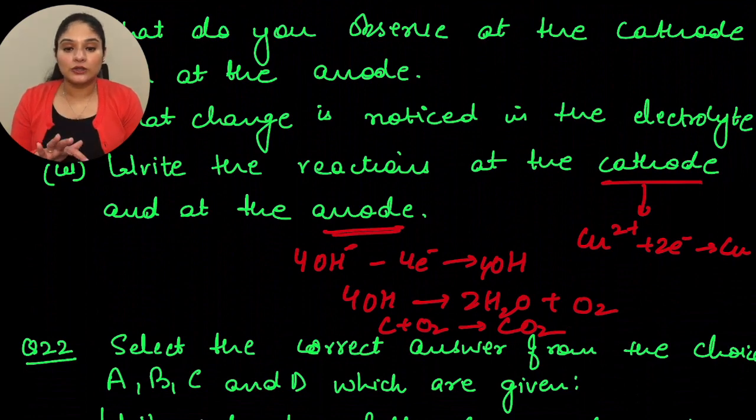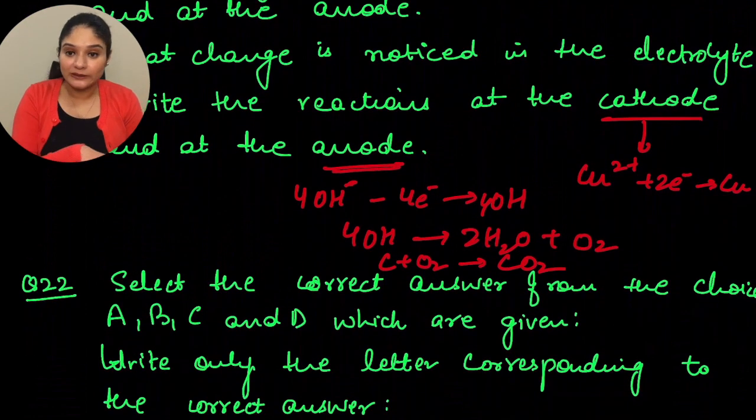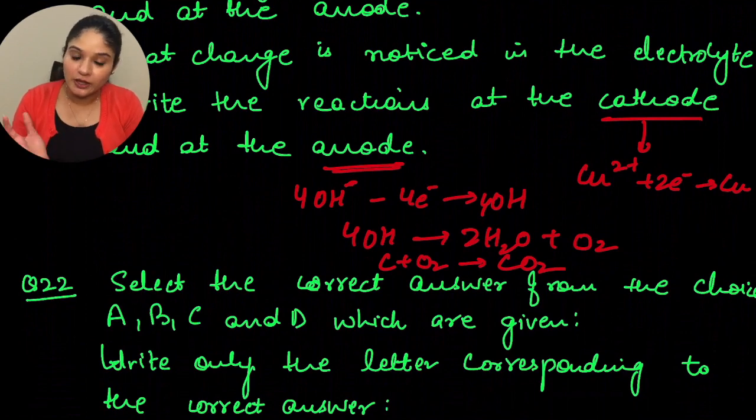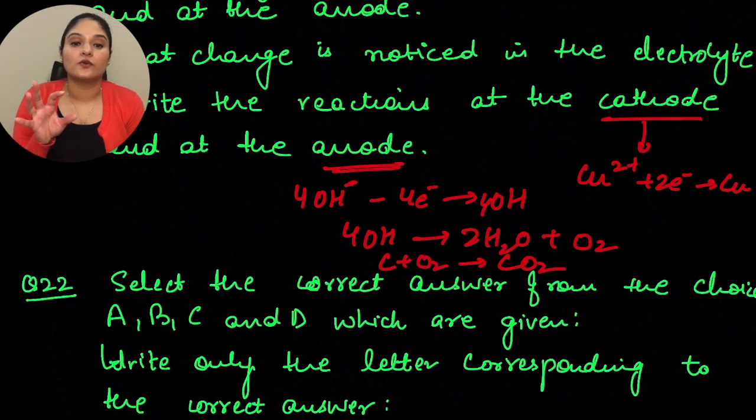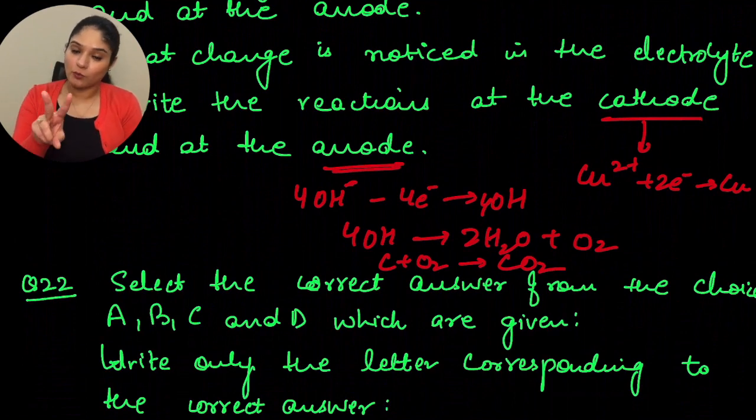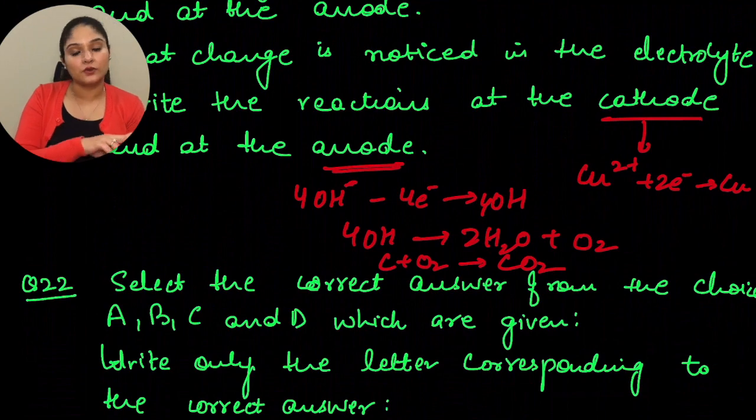Now let's move to the next one. I hope this makes sense to you first of all. What is happening is your hydroxyl ions will end up getting discharged. These hydroxyl ions will try and combine. So 4 of those OH, when they get discharged in the electrolyte, 2 of them will convert into water molecules, and whatever extra oxygen you have will combine to give you O2.